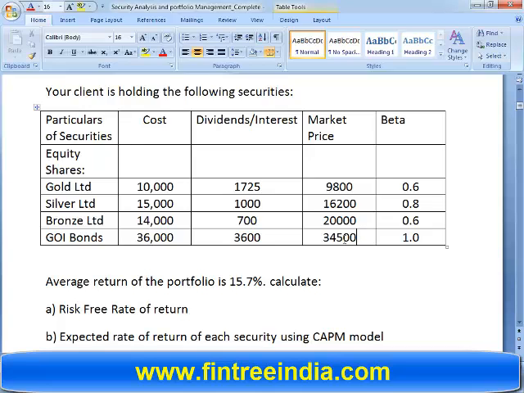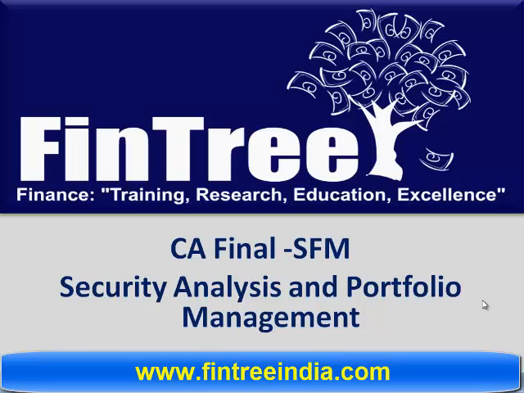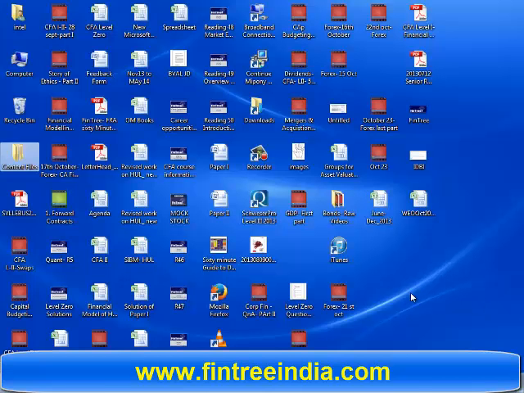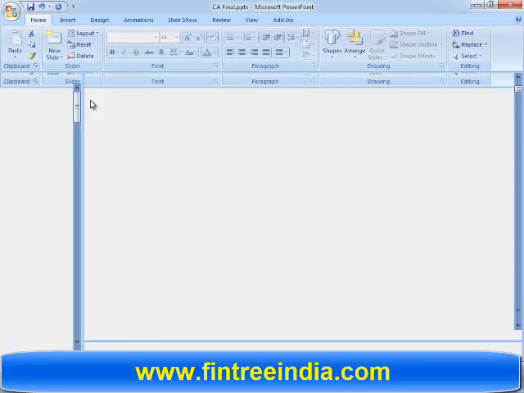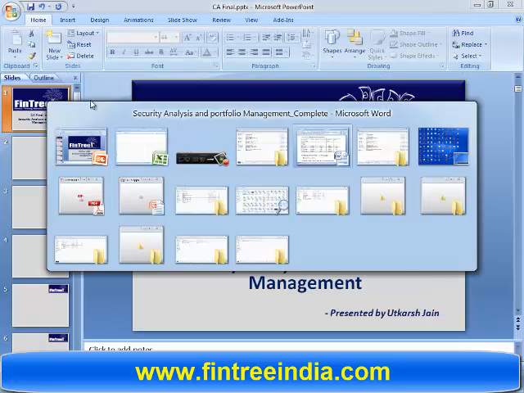Clear? So let's solve for this. You can make a table like this. Let me also make it along with you. In the same fashion, we can first redraw the same 4 columns.